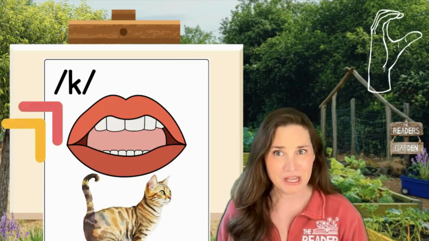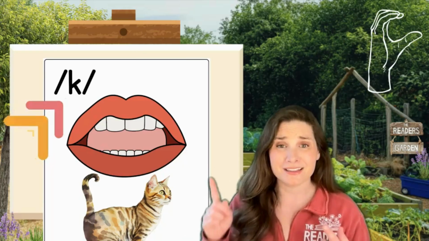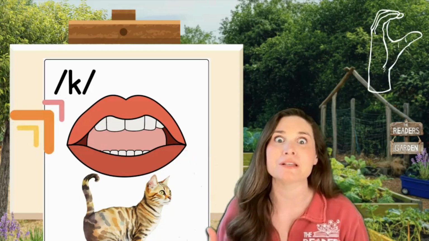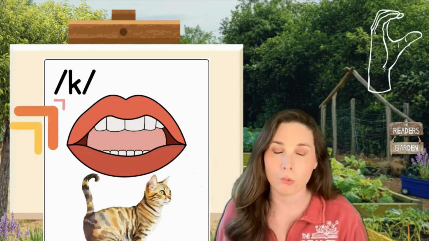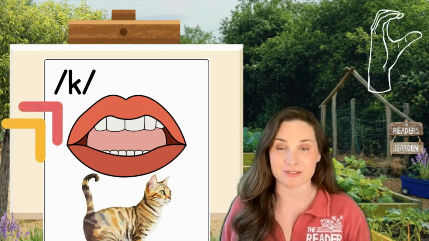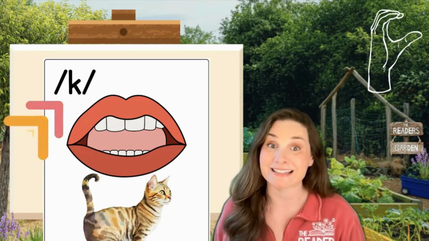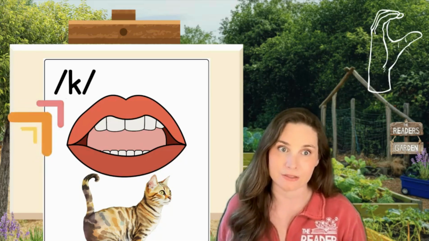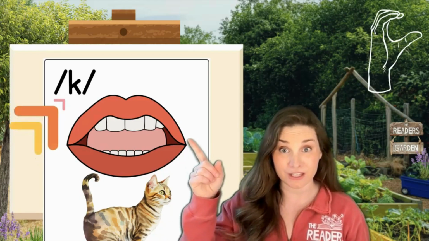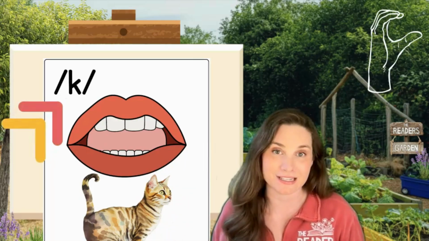Now, readers, you may be wondering, why are we using the letter K up there to represent the sound that the letter C is making? Well, it's because the letter C can make different sounds, like /k/ in cat or /s/ in cent, like a one-cent penny. Using the K helps us to show that we're talking about the hard C sound.